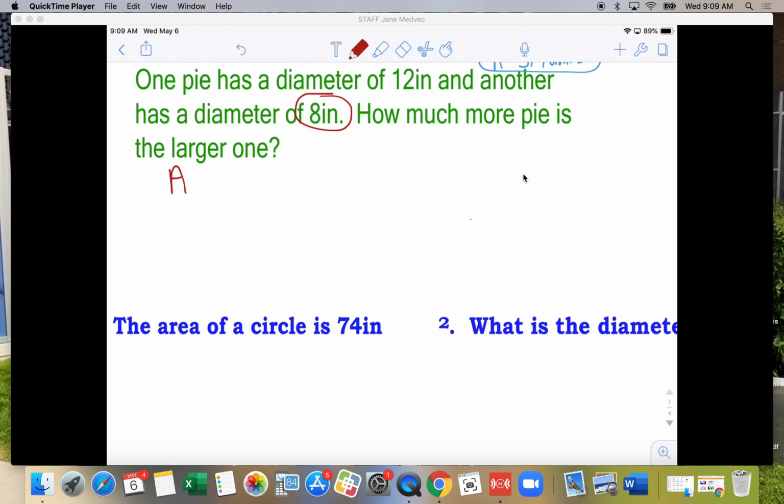Area equals pi r squared. Area equals pi, and that's the diameter, so it's 8 divided by 2, squared. Area is pi, and that's 4 squared. So area equals 16 pi. I'm going to leave it in terms of pi right now.